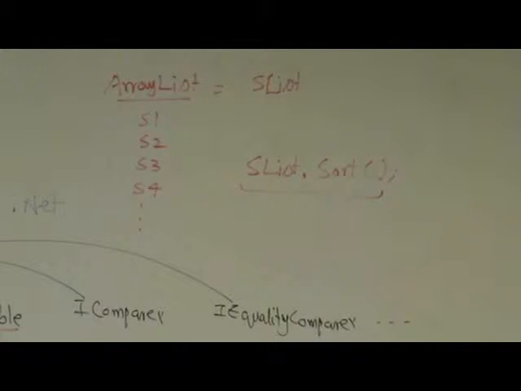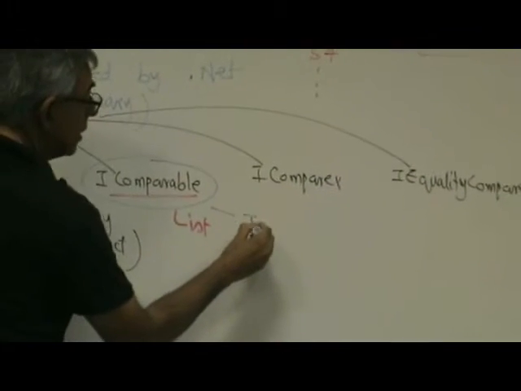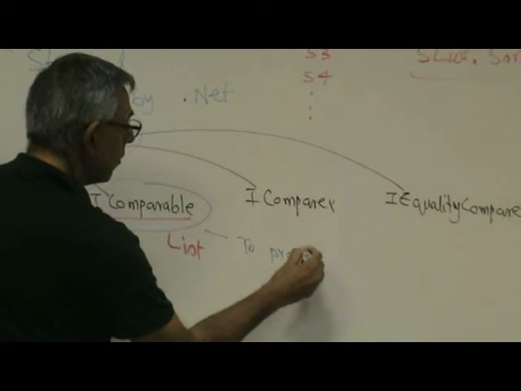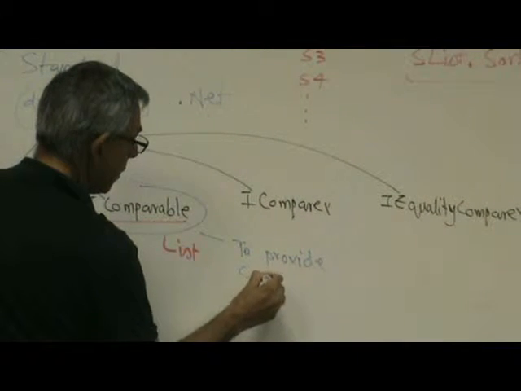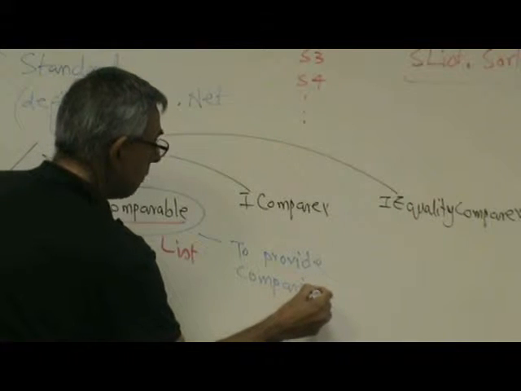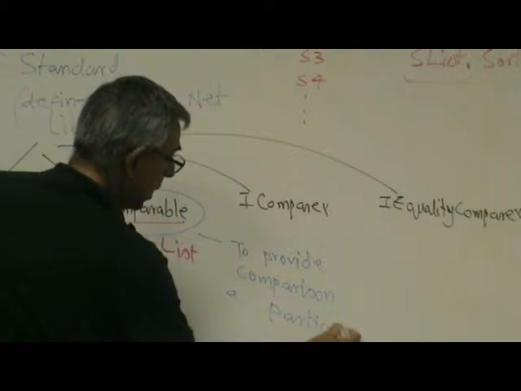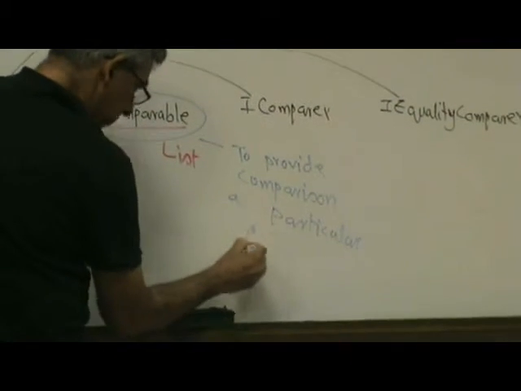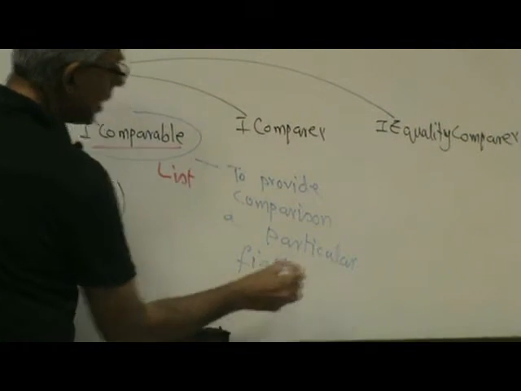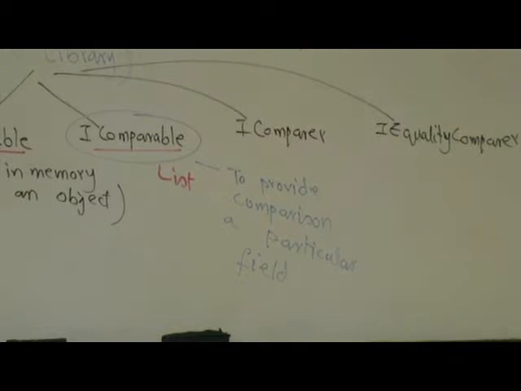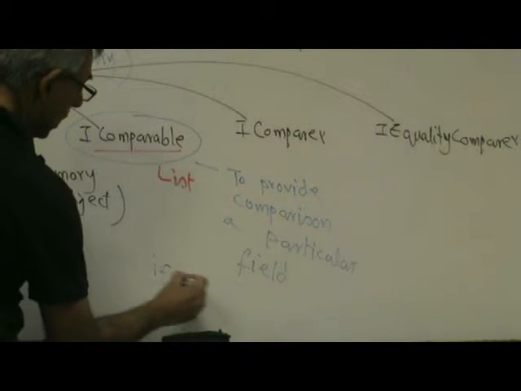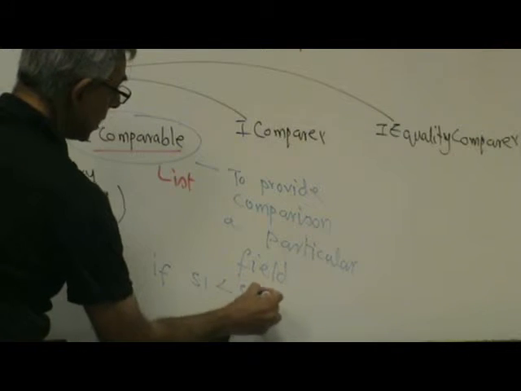Okay, so one of the purposes of IComparable is to provide comparison on a particular field, so that, for example, we can do the sorting, or so that we can do, for example, if S1 is less than S2.